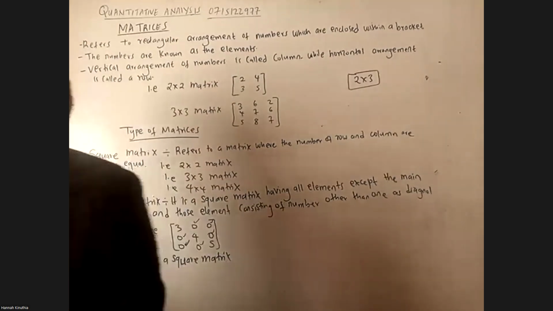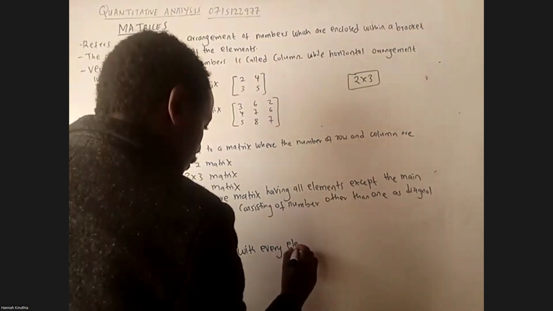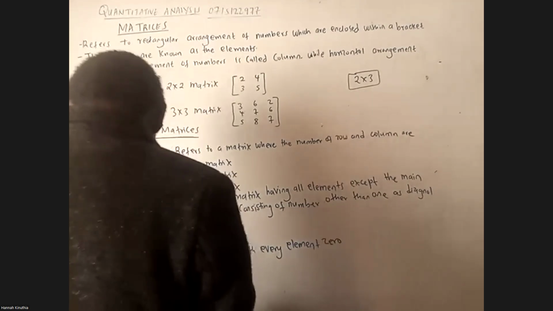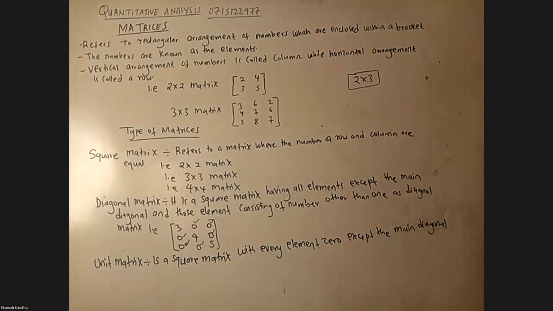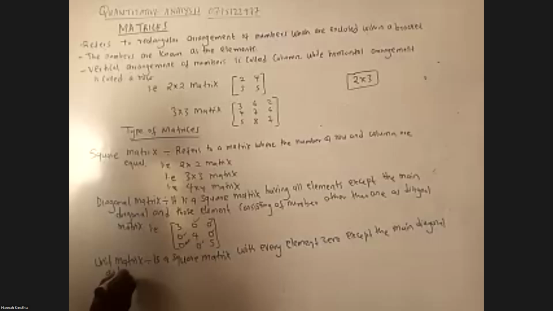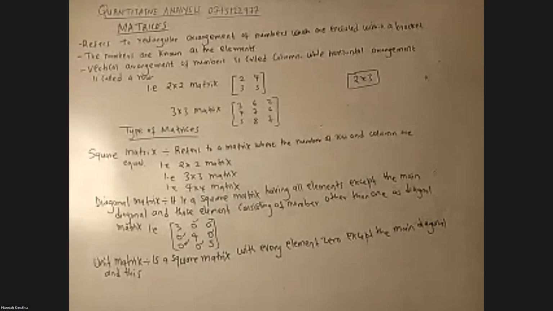So it is a square matrix with every element 0 except the main diagonal, consisting entirely of entries of 1.